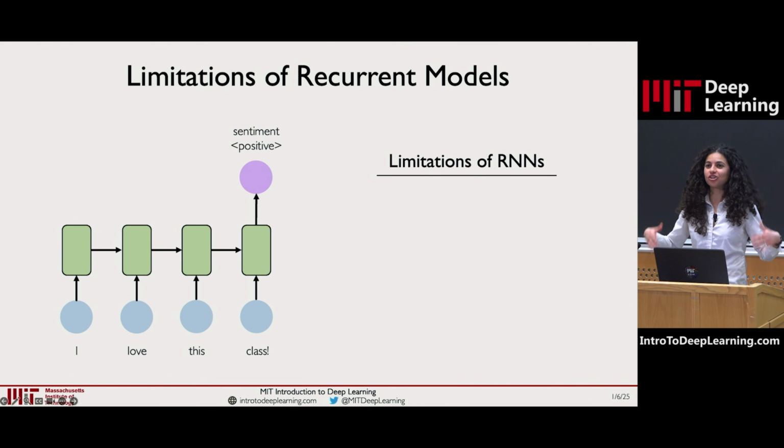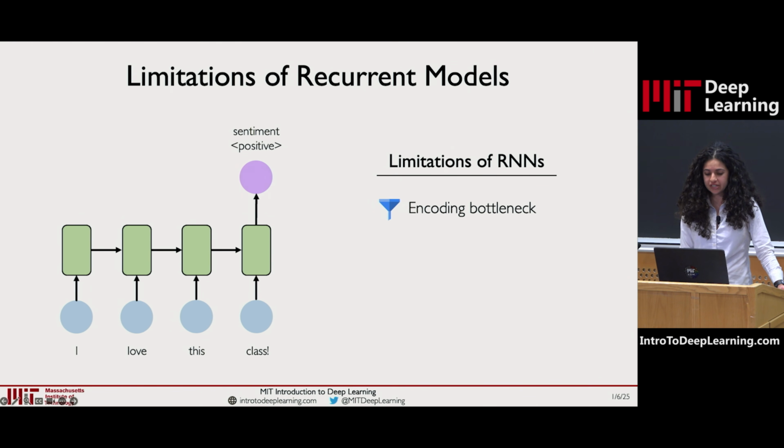But like any technology and any method, RNNs have some core limitations. And in fact, those limitations have motivated the development of new architectures and approaches in sequence modeling, as well as improved versions of RNNs that have done better and solved some of these limitations.